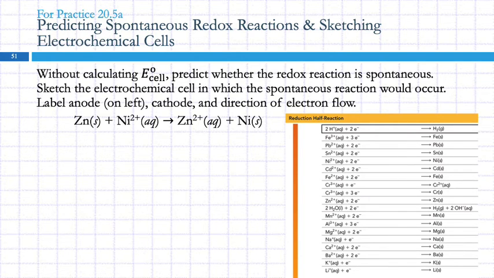So we need to find these in the table here. So there's zinc and zinc 2+. And here's nickel and nickel 2+.